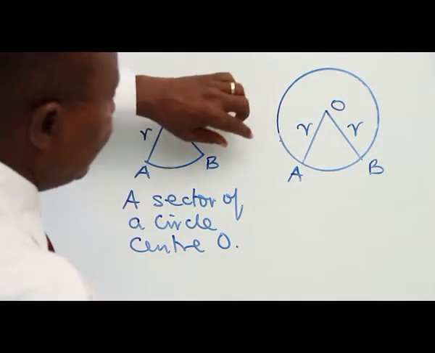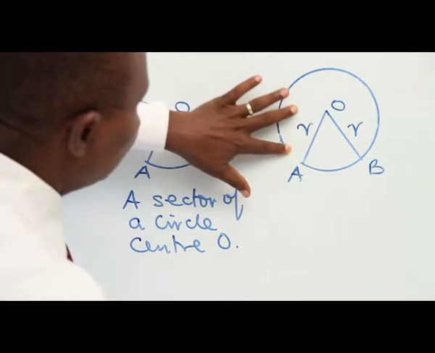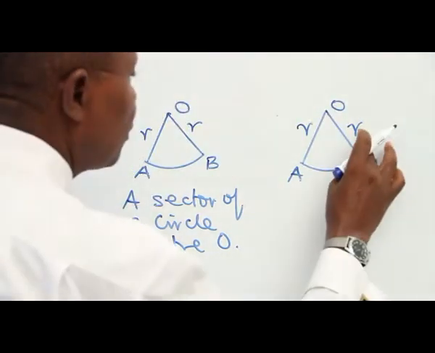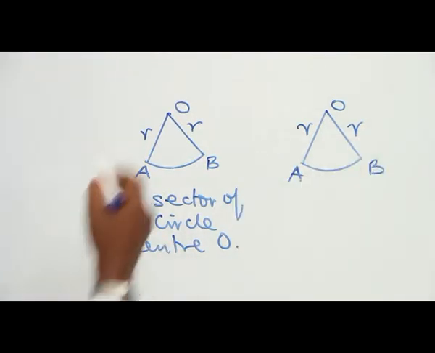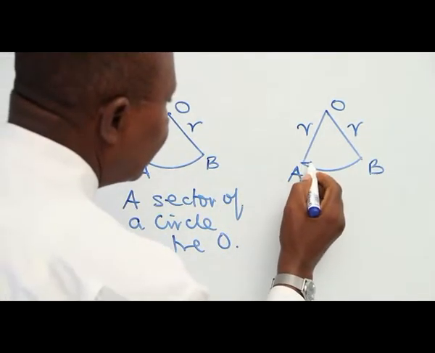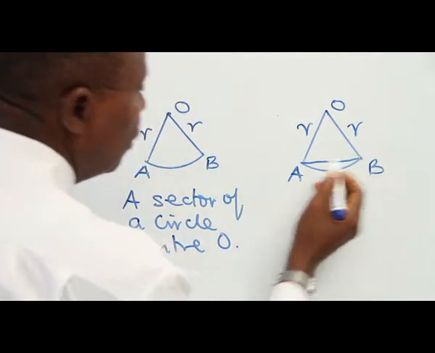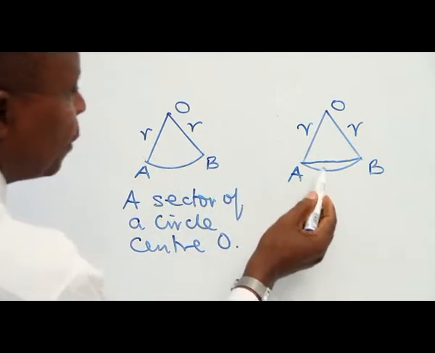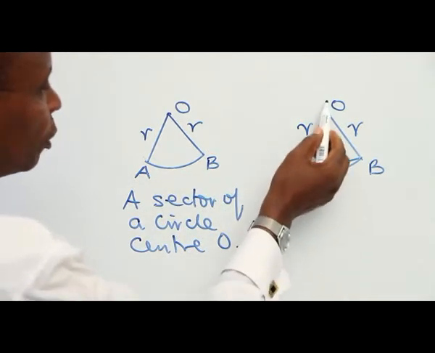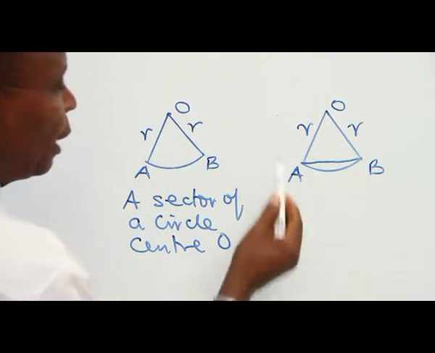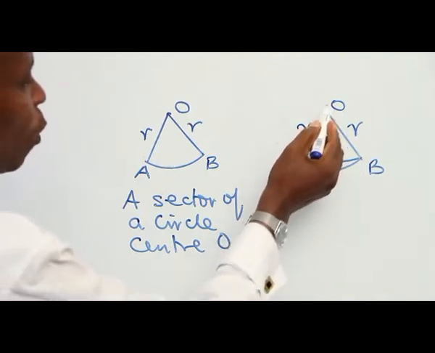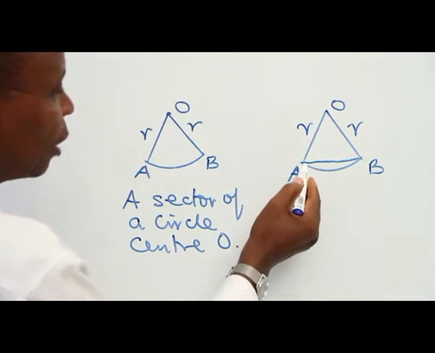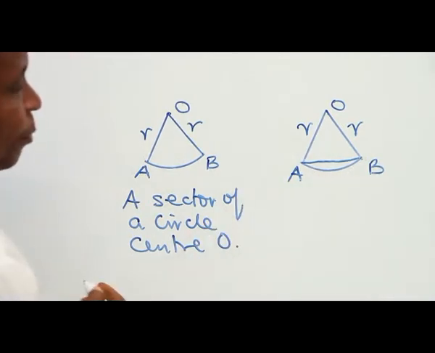If I again decide to remove this, because I'm cutting that from the major circle, and then I draw a straight line from A to B, I have in this place a triangle OAB, and I also have a sector OAB. The sector includes this arc. The triangle does not include the arc.